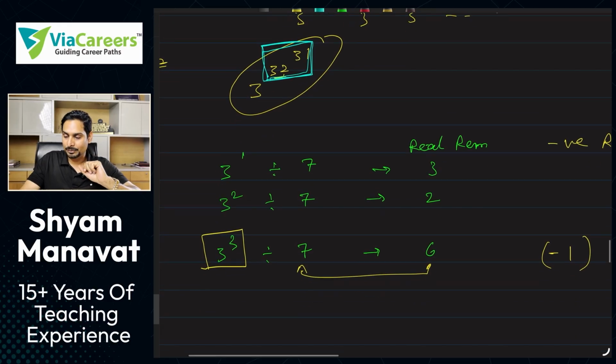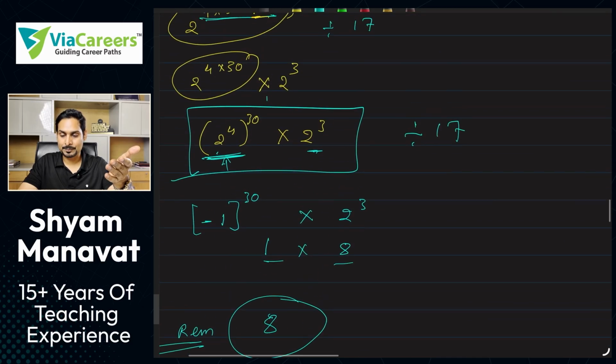Now the challenge is that here you have minus 1. So I can write this power in terms of 3 multiplied by something, right? And this time we have to be a little careful about the quotient. Let me show you the previous example.